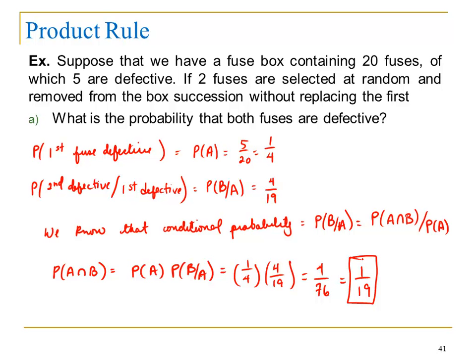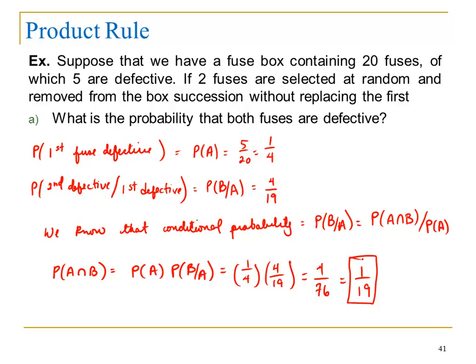So that is a conditional probability. If the first one is defective, we're going to have only 4 defective items remaining in our group, and we already took one out of the group, so that makes our total 19. So if the first one is defective, then the probability that the second one is defective is given by this.